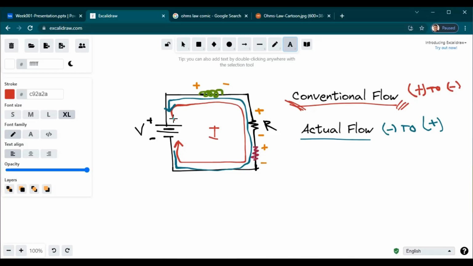But if you look at it, the result or the magnitude or the numbers will still be the same. So they deemed it unnecessary to replace all of the materials using conventional flow with actual flow. So up until today, we are still using conventional flow when we do analysis on circuits. Okay, so that's with conventional flow and actual flow. We go with conventional flow.